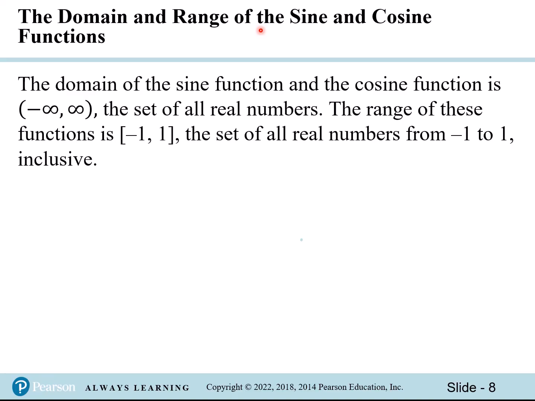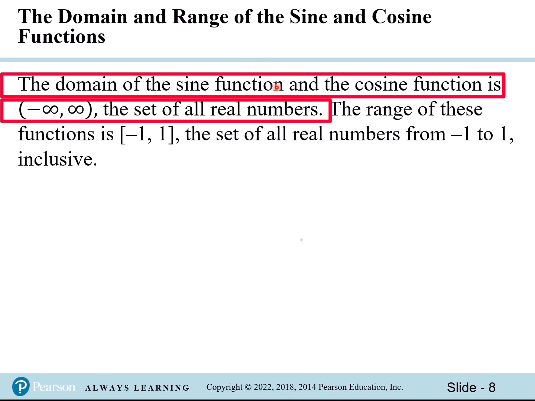Right? So in the case of the sine and the cosine function, the values that can be input into these functions that will give us a real number as an output would be the entire set of real numbers. In set notation, we write it as negative infinity to positive infinity. That represents the domain of these two sine and cosine functions.